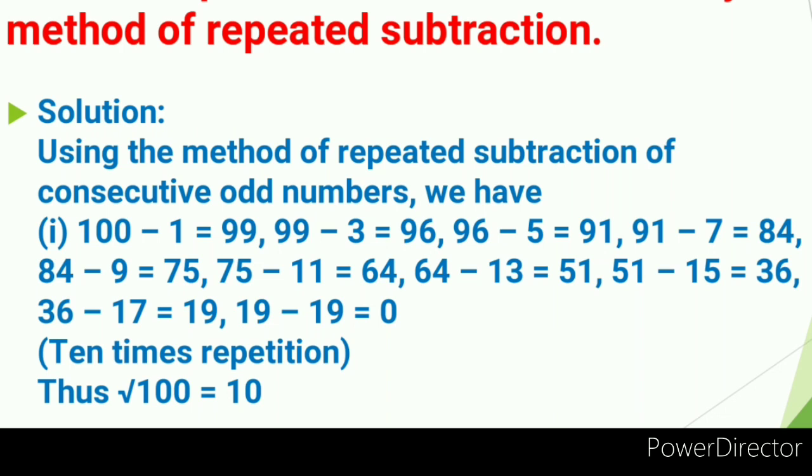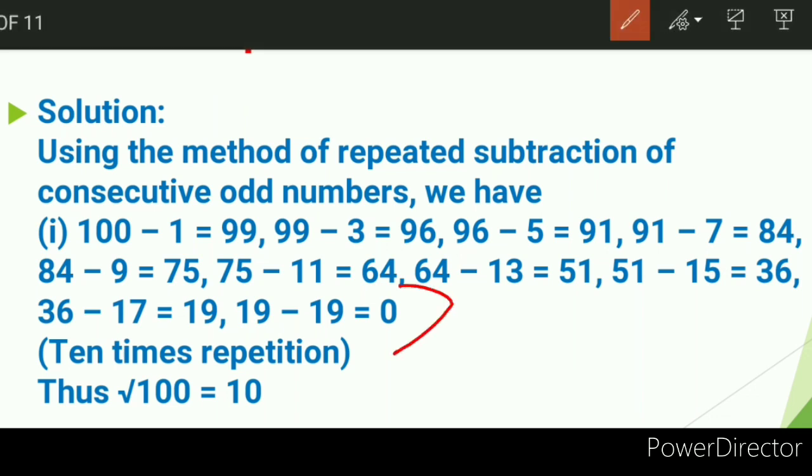Now count how many times you repeated the subtraction. You should count that number of repetitions; that is the square root. Got it? What you get finally, that is not the answer. That is just the end of the repetition. The answer is how many times you did the subtraction, or how many odd numbers you subtracted.